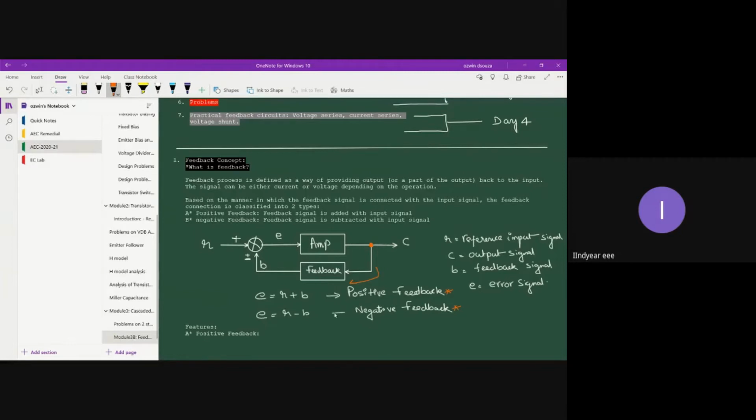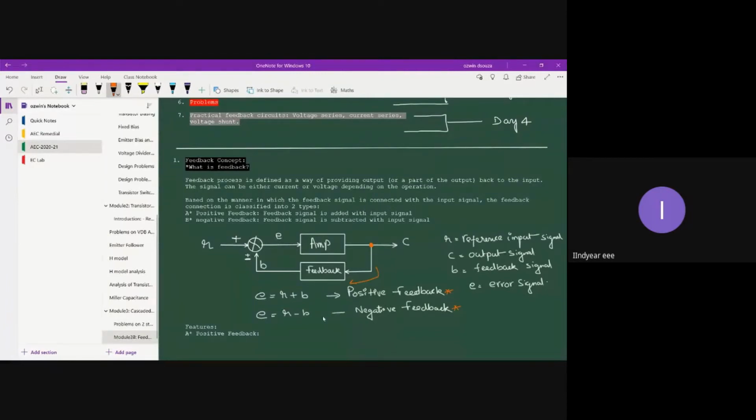Positive feedback simply increases the signal strength. So the error signal E is the addition of reference signal and feedback signal. On the other hand, for a negative feedback system, we subtract the feedback signal B from the reference input R, so the error signal E is the difference R minus B.